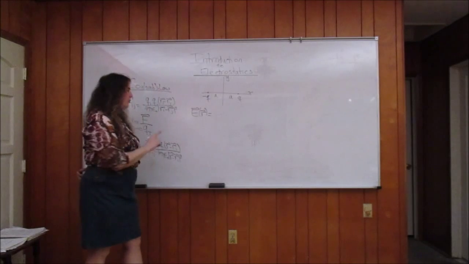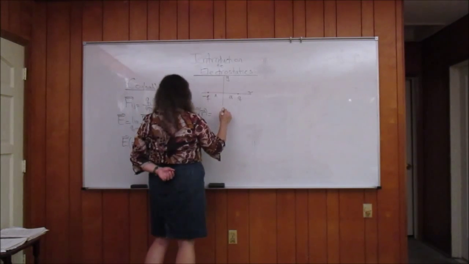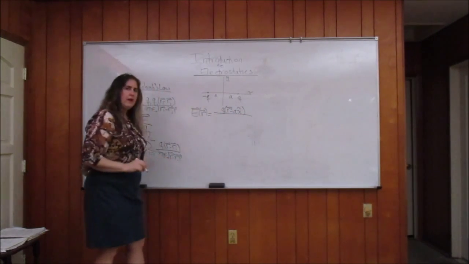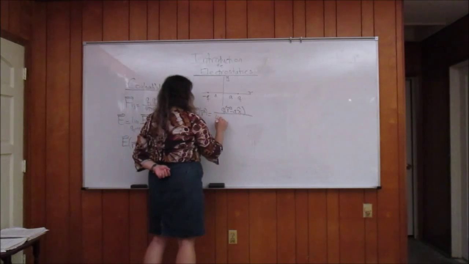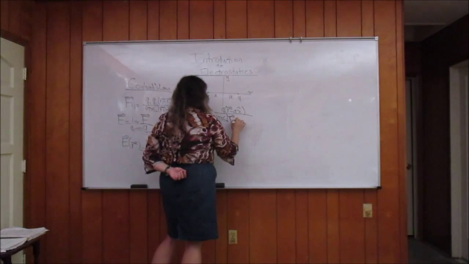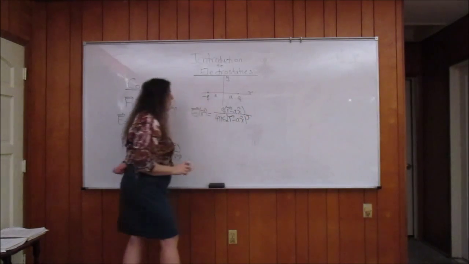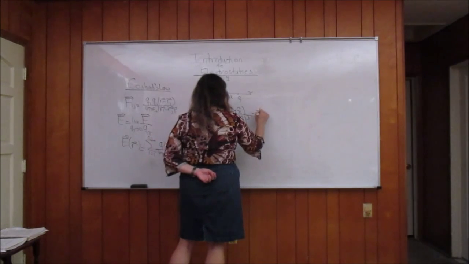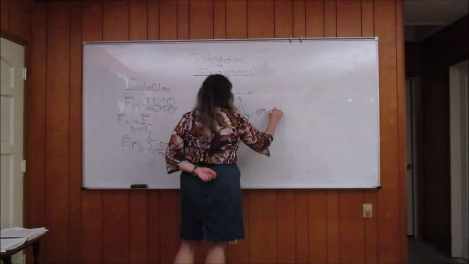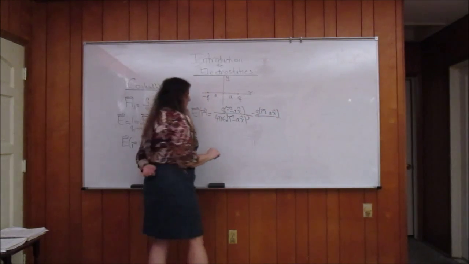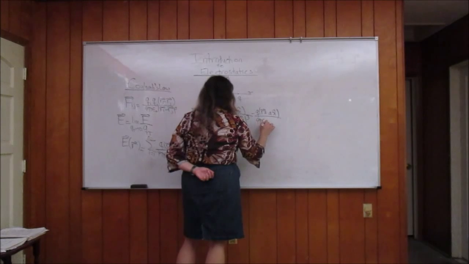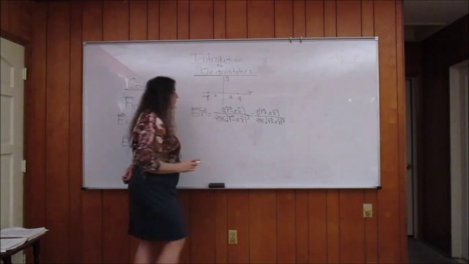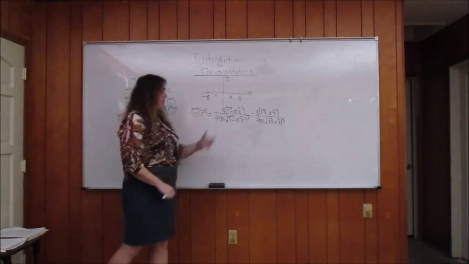Okay, so the electric field at any point in space is equal to Q times r minus a in the x direction over 4 pi epsilon naught, magnitude of r minus a in the x direction, cubed, minus q times r plus a in the x direction, all over 4 pi epsilon naught, magnitude of r plus a in the x direction, cubed.